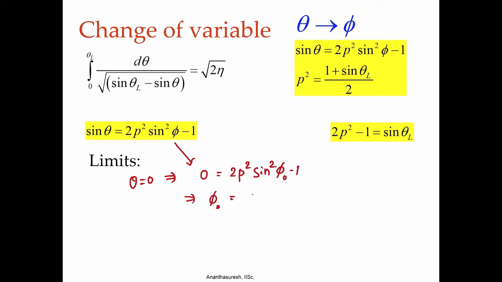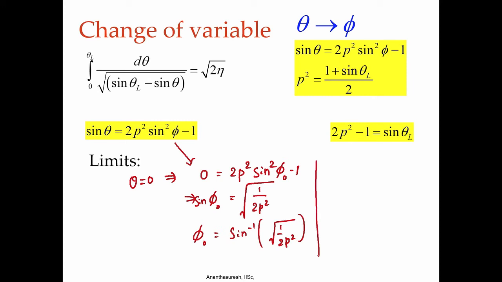That means that phi naught, the lower limit, is going to be 1 over 2 p square under square root, and then it is actually sine inverse of that. So, let me put sin phi naught here and then say phi naught is sine inverse of square root of 1 over 2 p square. I can take p outside, does not matter, that is phi naught.